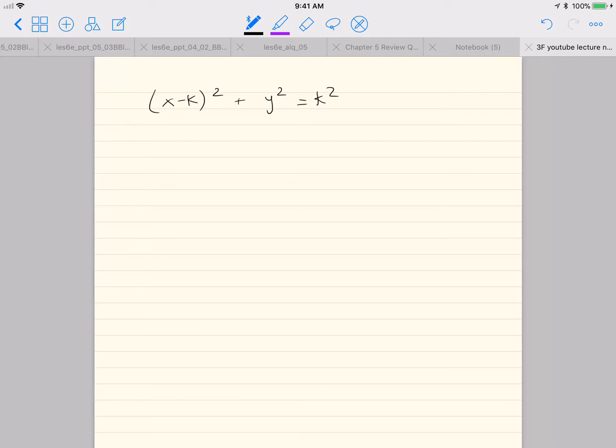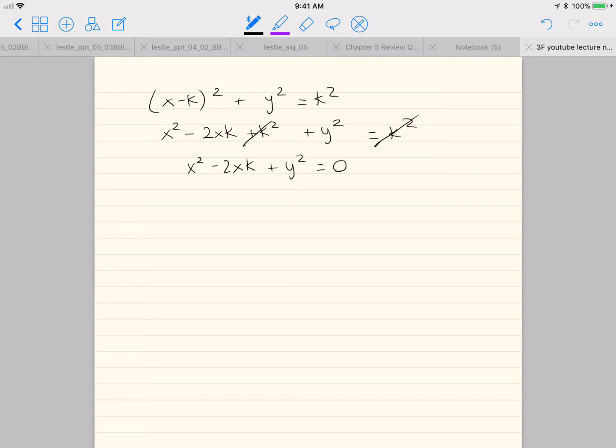Let me expand the left-hand side, so I'll get x squared minus 2xk plus k squared plus y squared equals k squared. The k squareds are going to cancel out, and I'll have x squared minus 2xk plus y squared equals 0.